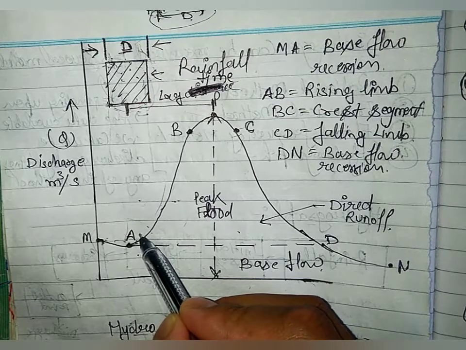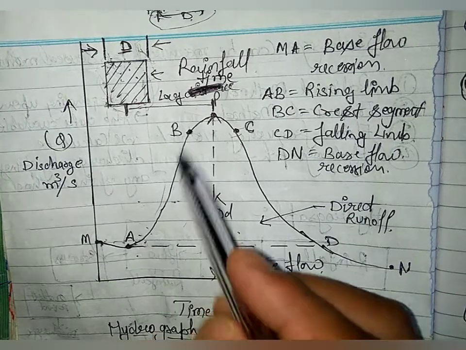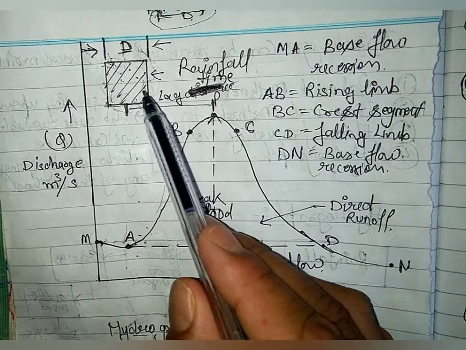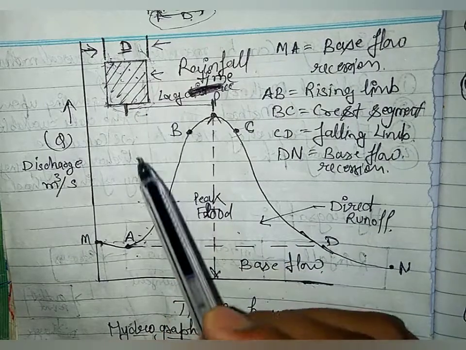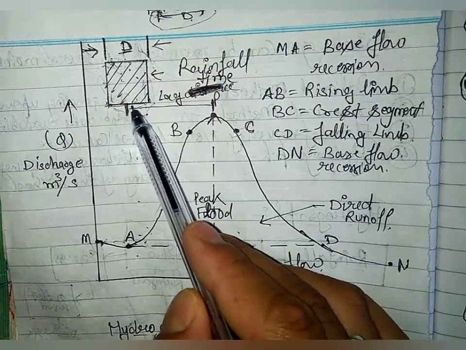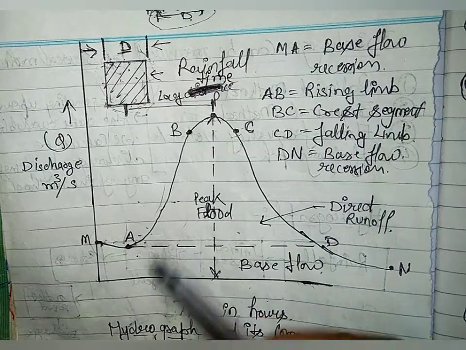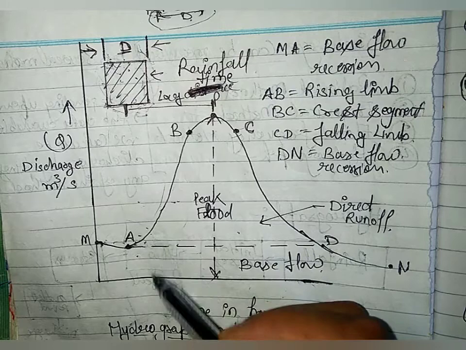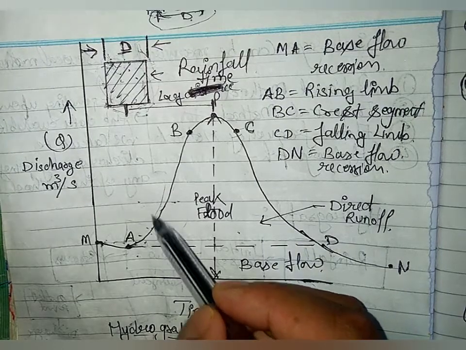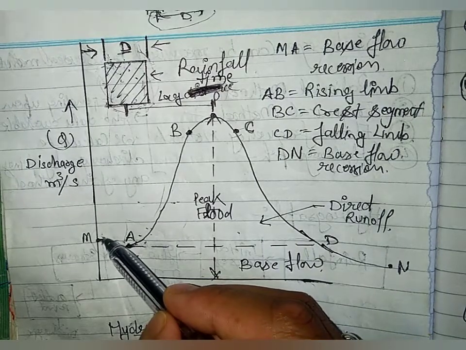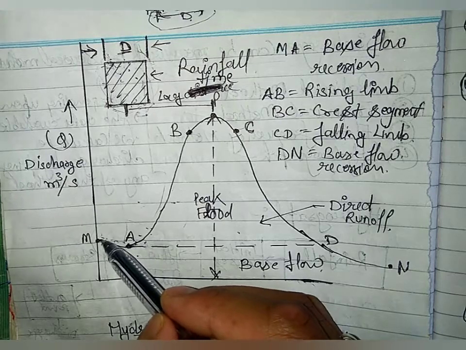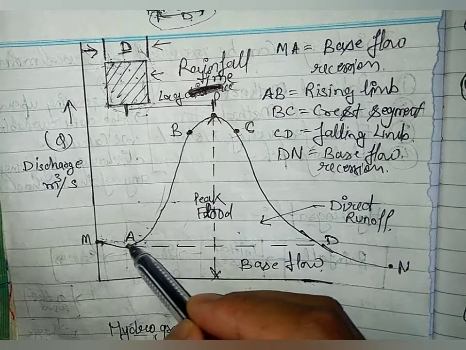What is happening at the initial stage is that the water coming on the land surface due to this rainfall is getting intercepted as well as infiltrated into the ground. These are termed the initial loss, and as a result the discharge in the stream is not increasing at the initial stage.